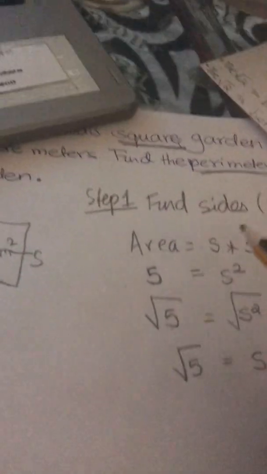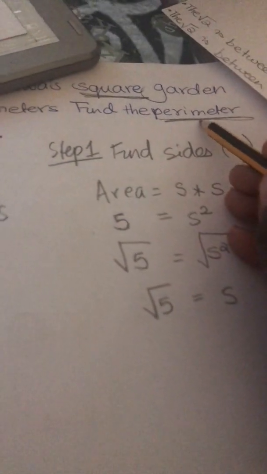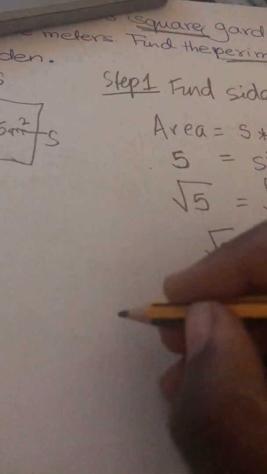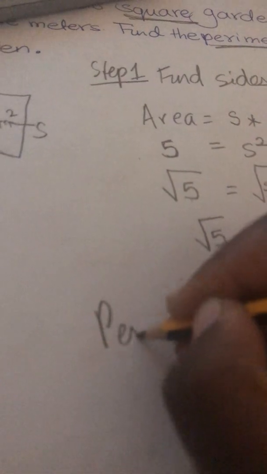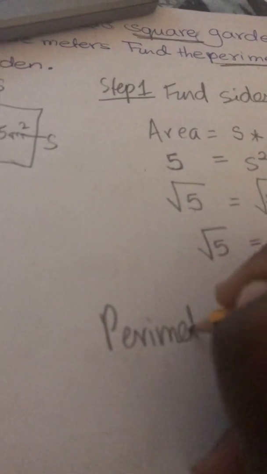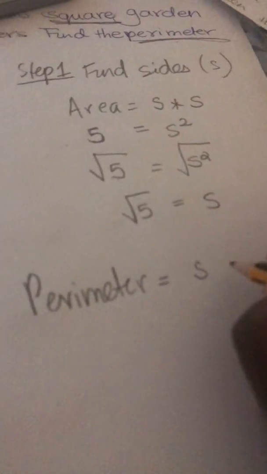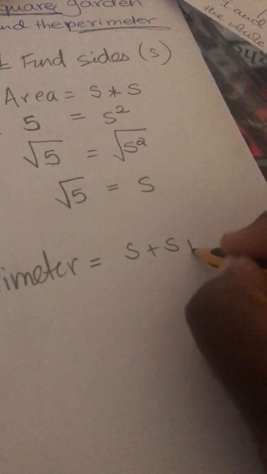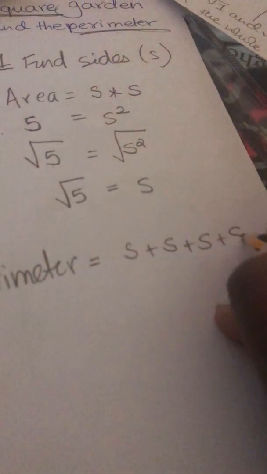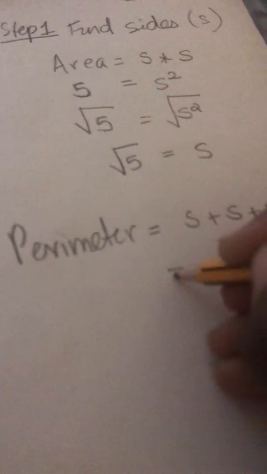Now, this is not your answer because the question says find perimeter. So then I continue. Perimeter equals S plus S plus S plus S. How do I write S plus S plus S plus S?